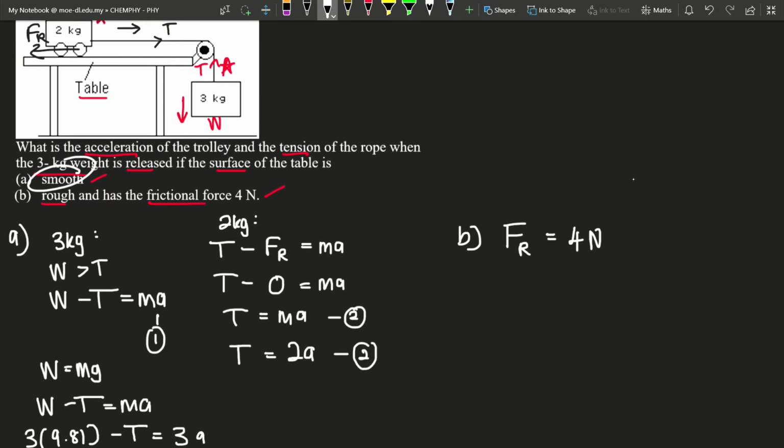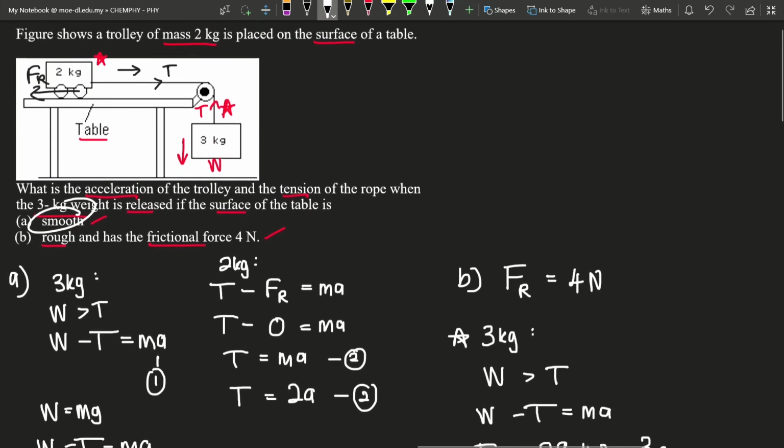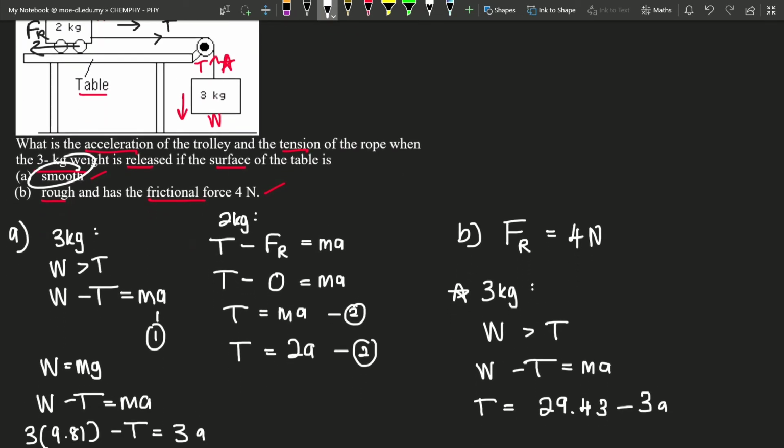So for 3 kg object, sama juga dia akan turun ke bawah. So actually your W is bigger than T. So W minus T equal to MA. So you tahu T equal to 29.43 minus 3A. Sebab apa? Sebab kita tak ada daya geseran dekat objek 3 kg. So objek 3 kg bukan di atas meja, so there's no frictional force.